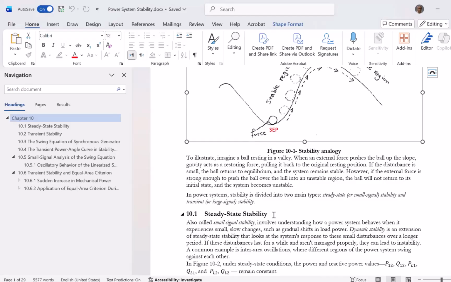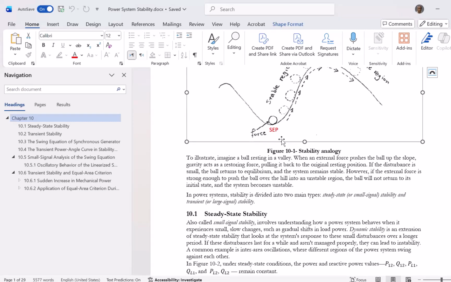Inter-area oscillations are related to small disturbances or oscillations in the power that happen between two areas that are usually far away from each other, but are interconnected using long transmission lines. These long transmission lines usually have very big impedance. So they're called weak lines, or the systems are interconnected with weak interconnections.